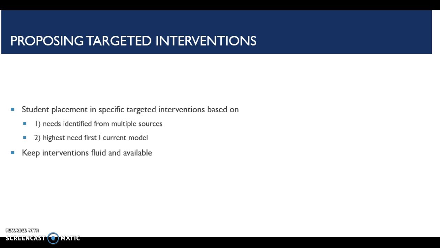So really looking at how the needs are identified in the first place, making sure there are multiple sources saying the same thing, and that in our model, the way it is now, the highest need comes first. In the current model, like I said, if someone has reading needs and math needs, we have to choose. So far, we're going with the highest need, and the same is true for ELD or reading specialist.